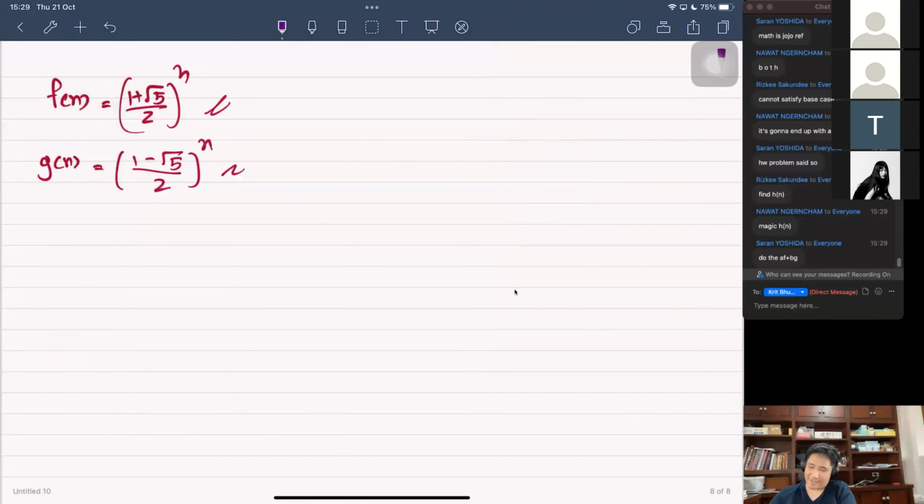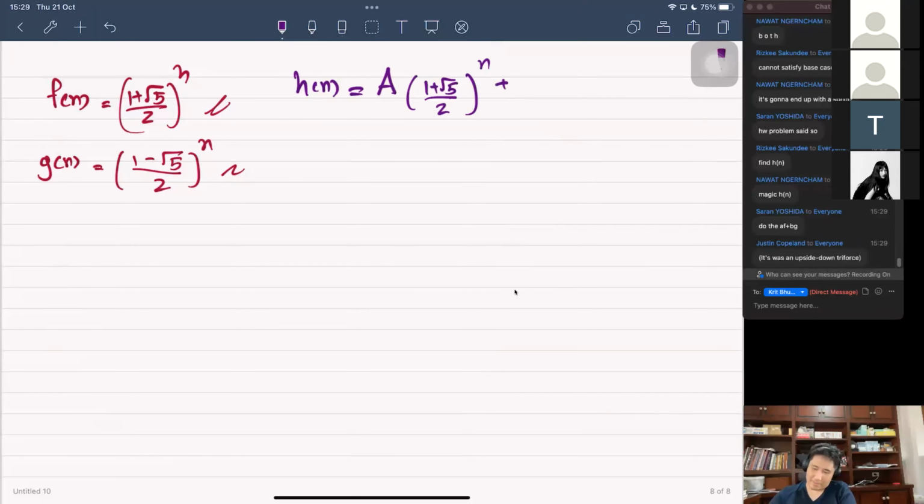So we guess that h of n equals a times ((1 plus the square root of 5) over 2) to the n plus b times ((1 minus the square root of 5) over 2) to the n.